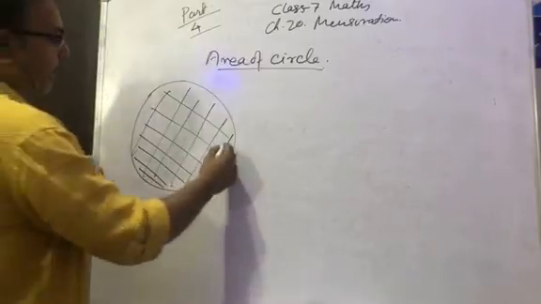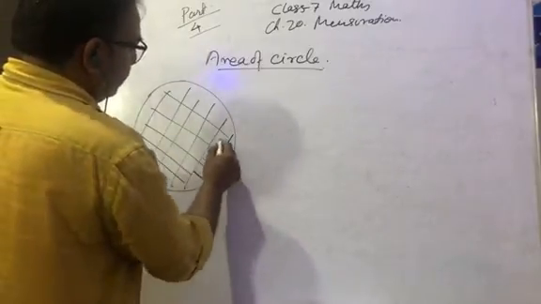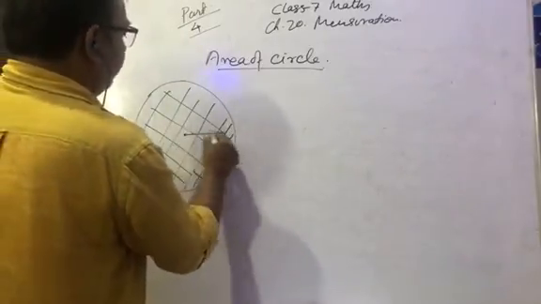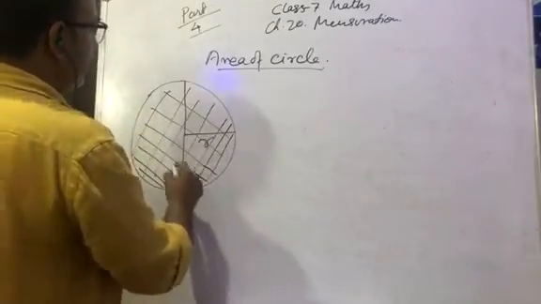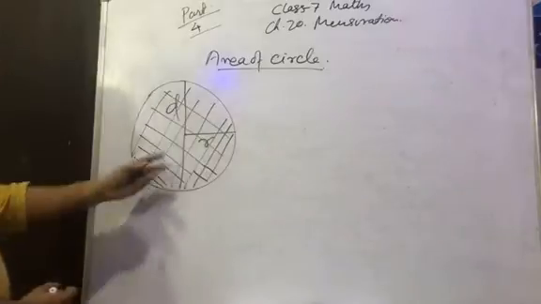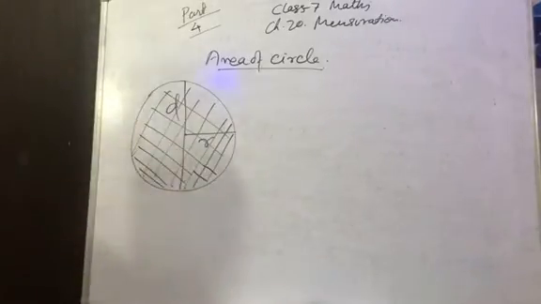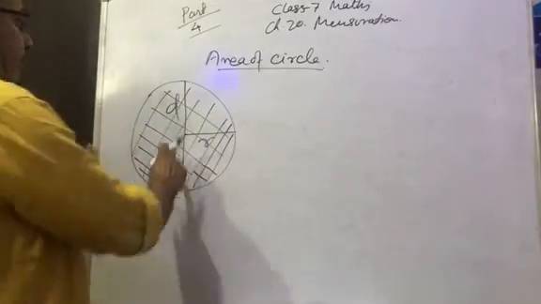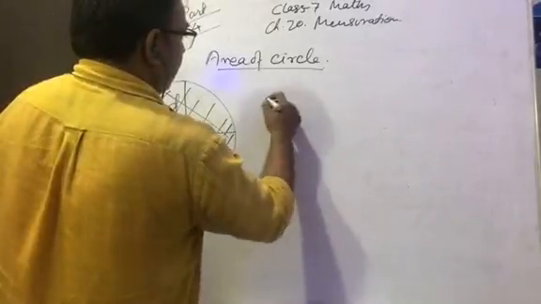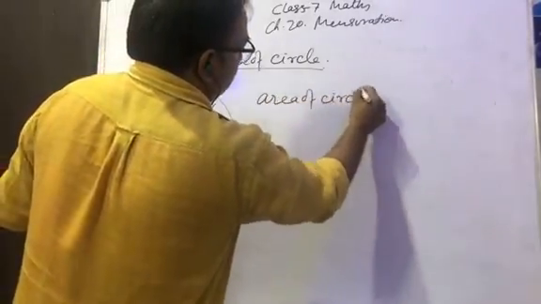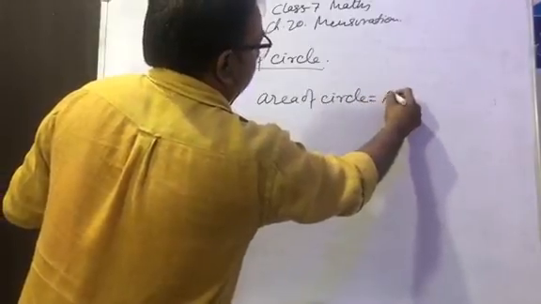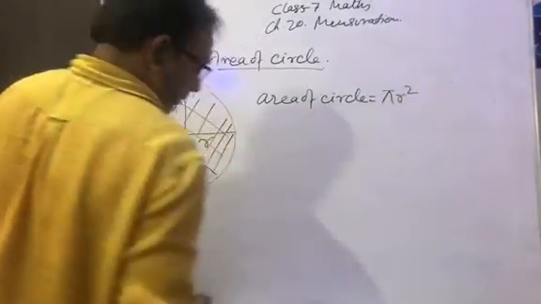Means the space inside this circle is called the area, and every circle has a radius and diameter also. If there is a radius, then you can find out the diameter also. Now the area of a circle is equal to pi r square.